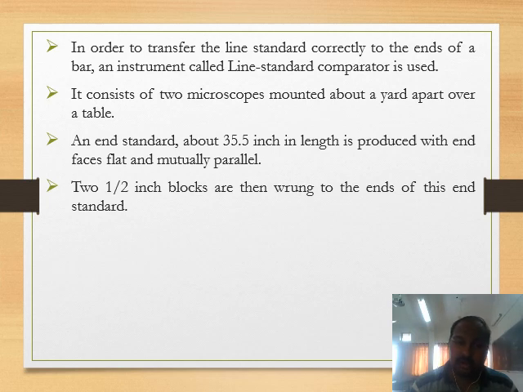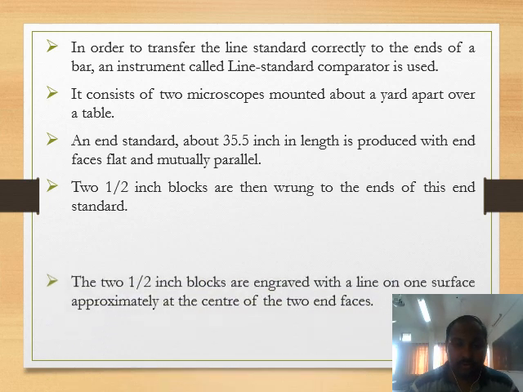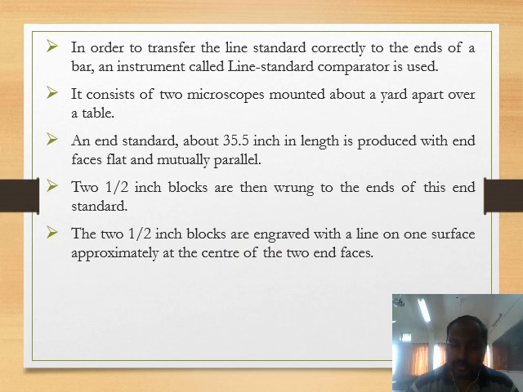Now two half-inch blocks are rung to the ends of this end standard, so that the total length now becomes 36.5 inches. Over the two half-inch blocks, two lines are engraved, one line on each block.